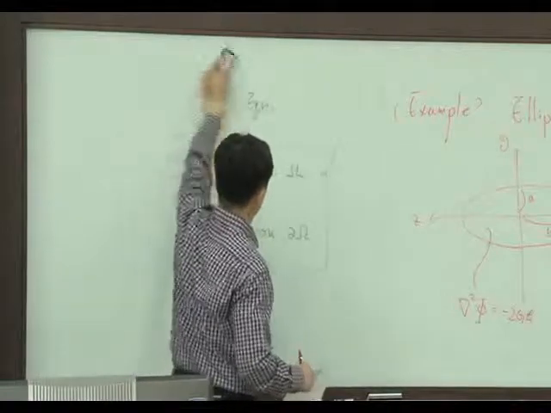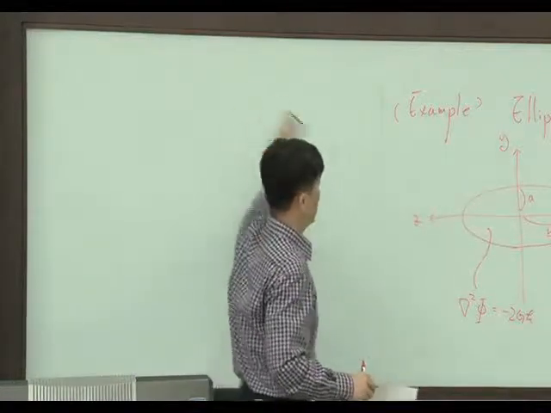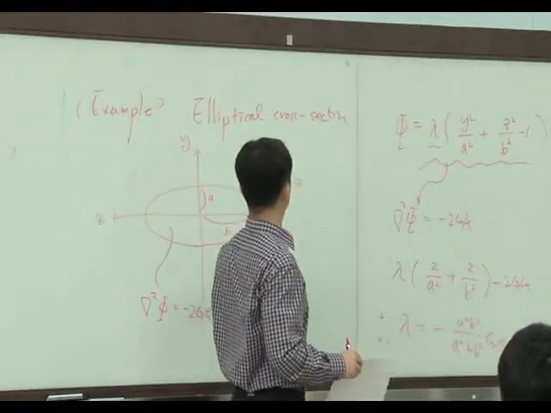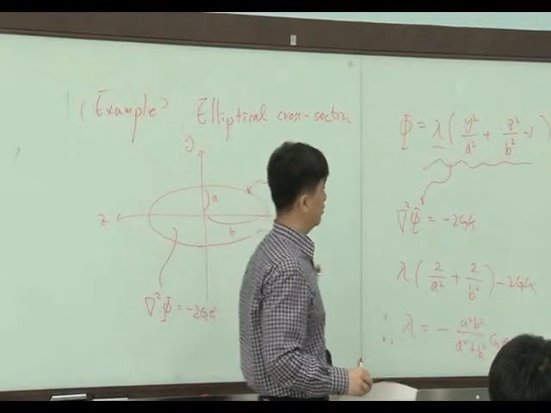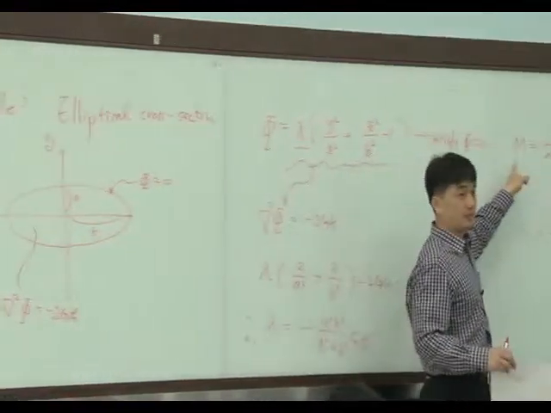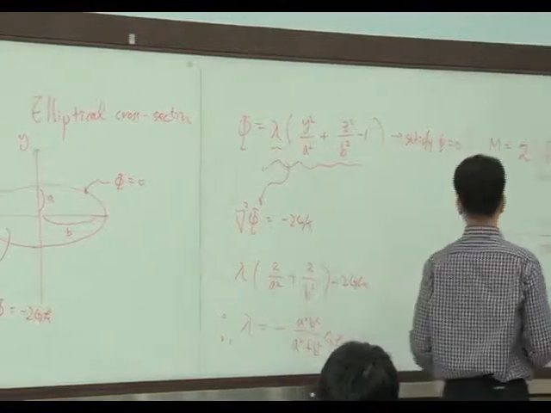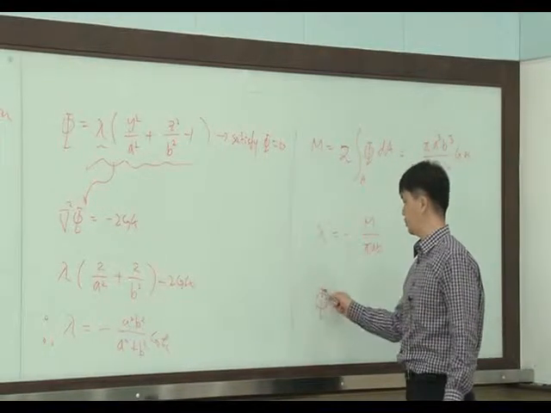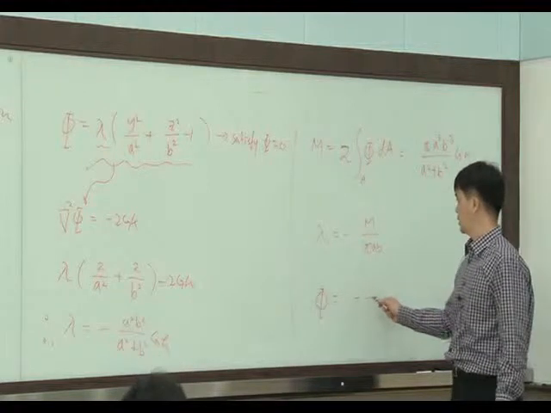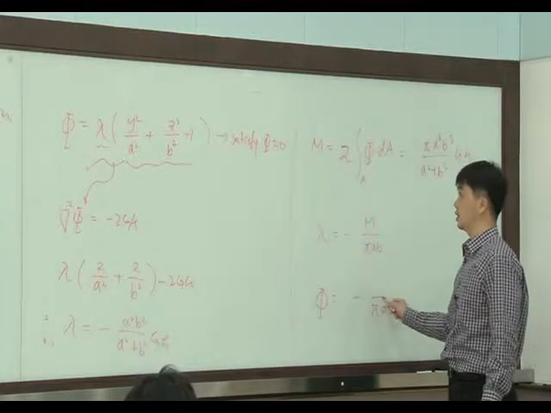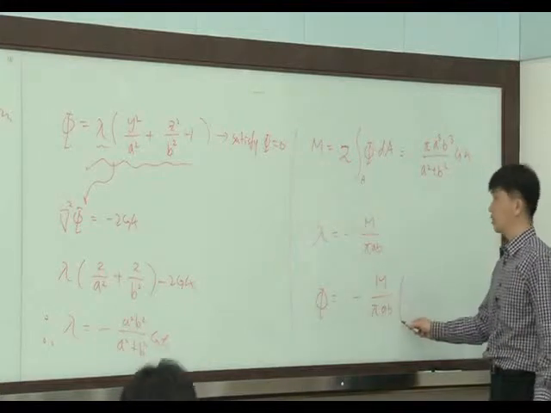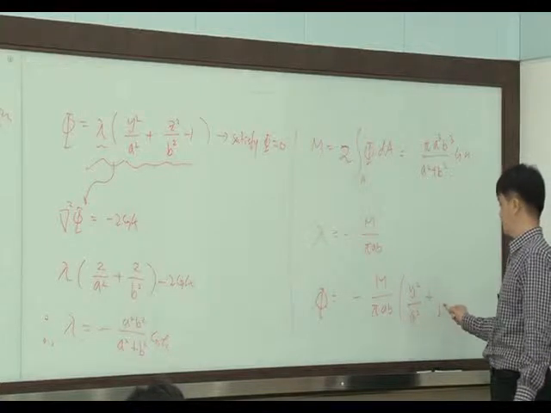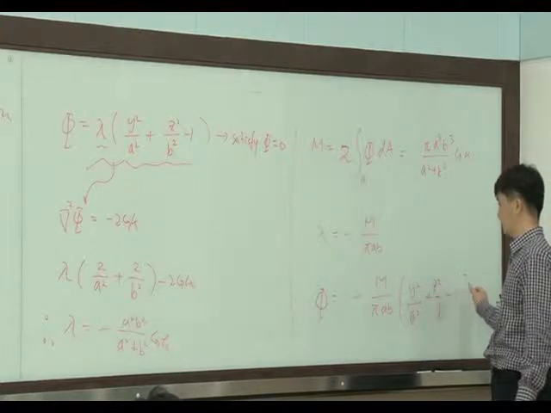So here we found the stress function for the elliptical cross section, and we found the moment M. Finally we can find the stress function phi equals minus M over pi ab, times (y squared over a squared plus z squared over b squared minus 1).